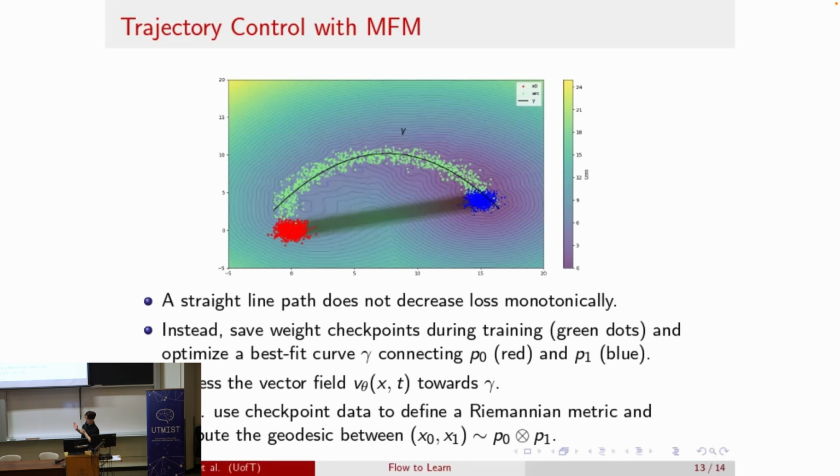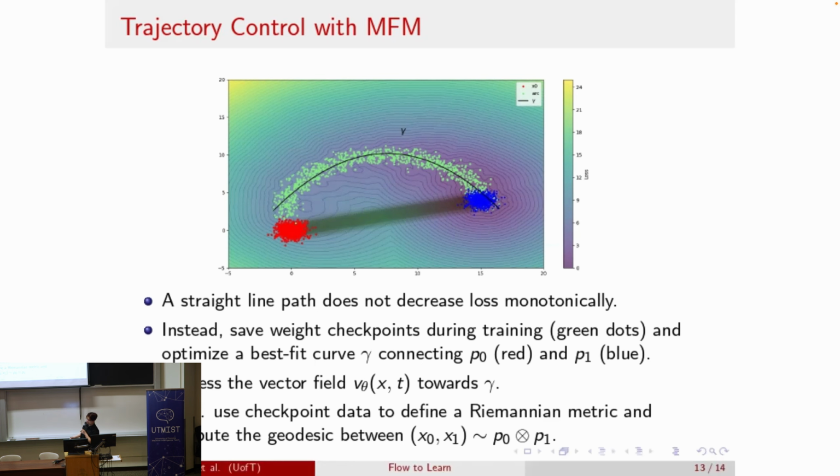So from the usual flow matching procedure, we sort of match these straight lines between the red dots and the blue dots. But you can see from the plot here that the blue regions are regions of high loss. And so if we actually go through the straight lines here, we will sort of enter these regions of high loss. And if our training is imperfect, we may sort of stay in that well.